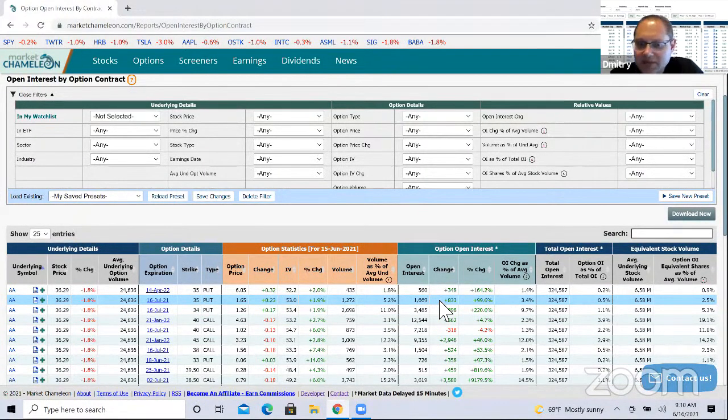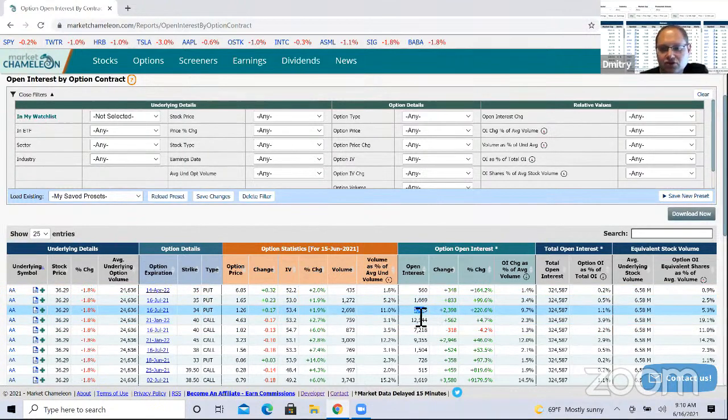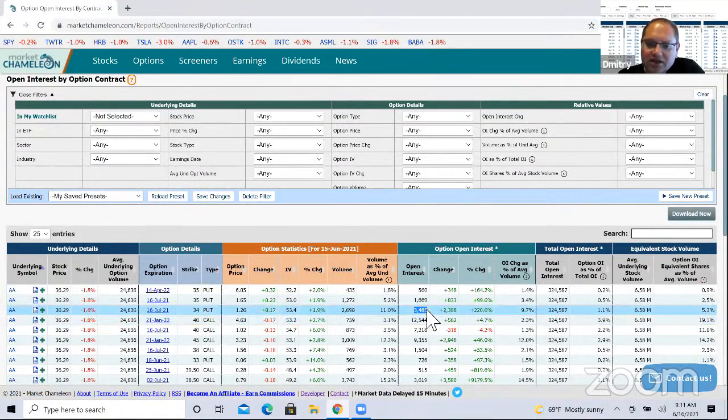Maybe in AA, something that's, let's say, 3,000 contracts of open interest on a single contract could be a lot for this particular symbol, but that might not be a lot for Tesla or Microsoft or Amazon.